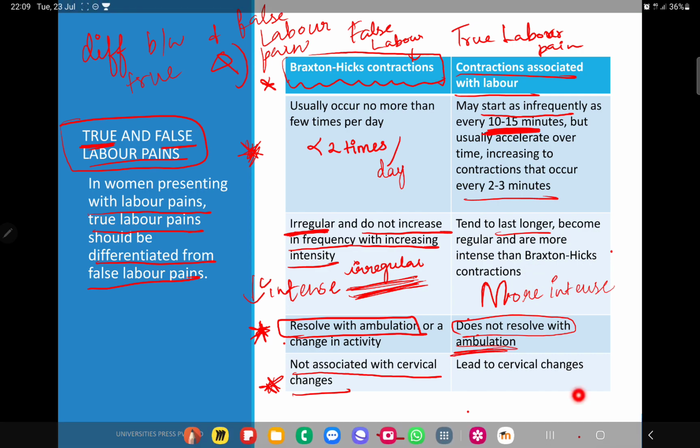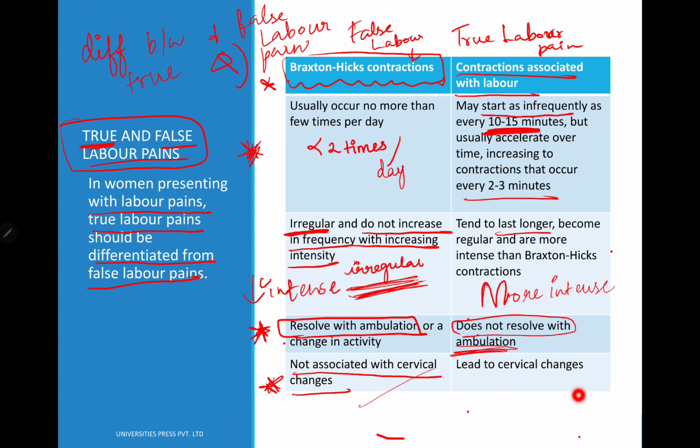Braxton Hicks contractions are not associated with cervical changes, whereas the true labor pain leads to cervical changes. So there will be cervical changes. It does not resolve with ambulation. Very intense, and every 10 to 15 minutes it will be there, increasing to contractions that occur every 2 to 3 minutes also.